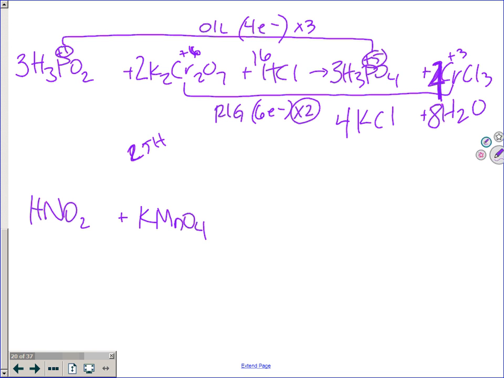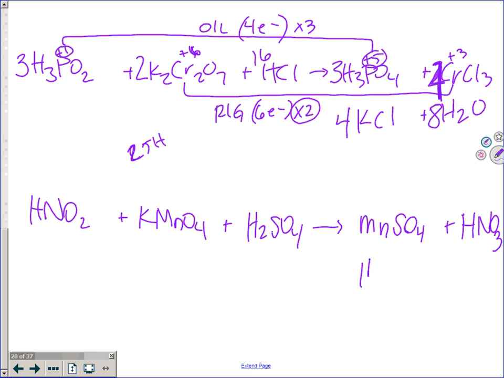On this one, nitrous acid plus potassium permanganate plus sulfuric acid yields manganese what? Manganese 2 sulfate plus nitric acid, dihydrogen monoxide, and potassium sulfate.